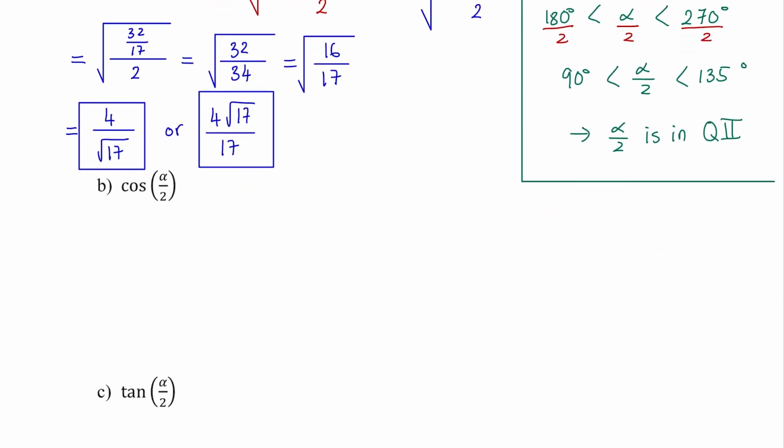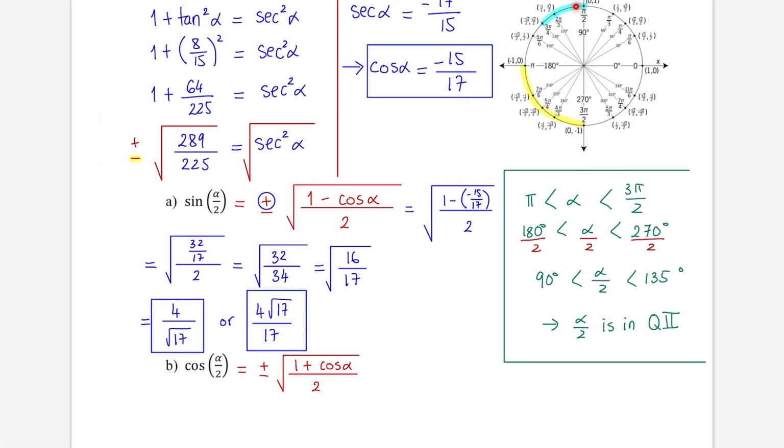B. Cosine of alpha over 2. I am using the half angle formula for cosine. That is plus or minus square root of 1 plus cosine alpha over 2. Now, I have to choose the correct sign for cosine of alpha half. Alpha half is in the second quadrant. Cosine of an angle in the second quadrant is negative. So this is going to be negative.